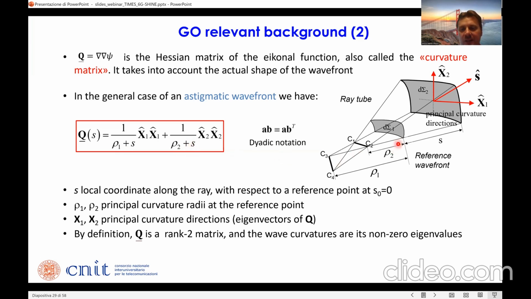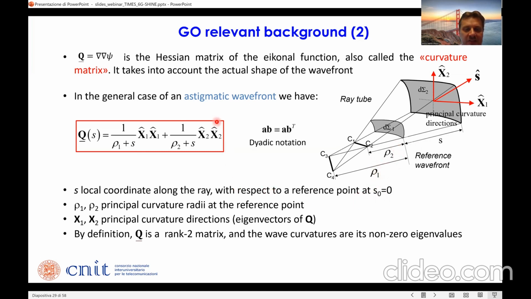So we know that when a wave propagates, the length of this curvature ρ1 and ρ2 increase by this quantity s, which is the excess coordinate along the ray with respect to a reference point on the ray, s0 equal to 0, where the values of the curvatures are the reciprocal of ρ1 and ρ2.